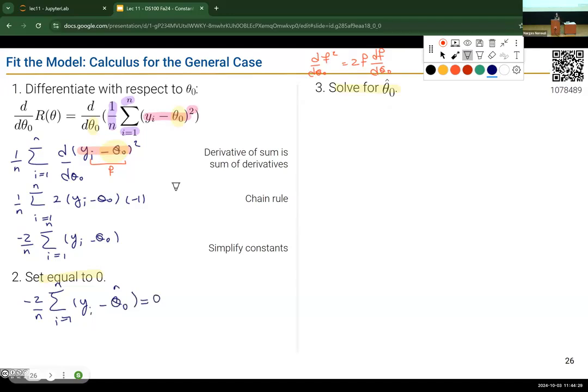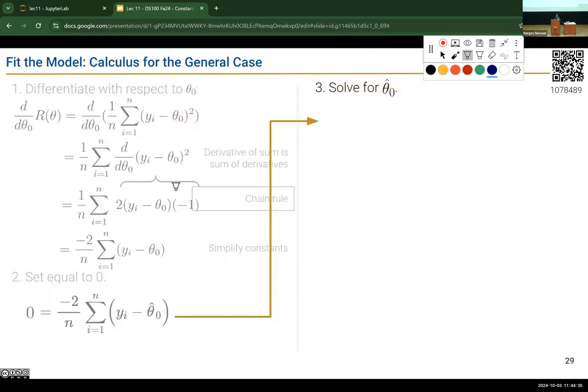Okay, and now I can just go ahead and solve it for theta 0 hat, which again is going to be that -2 over n times the summation of i from 1 up to n of yi minus theta 0 hat is equal to 0. I can just multiply two sides by -n over 2 to get rid of all of those coefficients over there, which effectively means that I can cross this out.